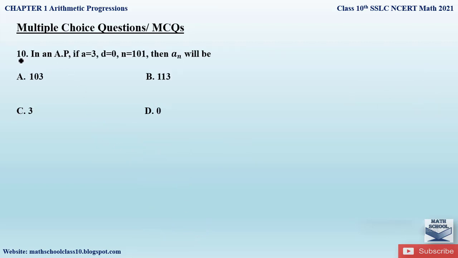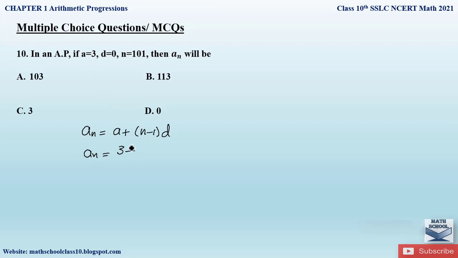Now coming to the 10th problem, where they have given us in an AP, if a is equal to 3, d equal to 0 and n is equal to 101, then an will be. Here directly we can use the formula of the nth term, where an is equal to a plus n minus 1 into d. So we have to find out an. What is the a value?